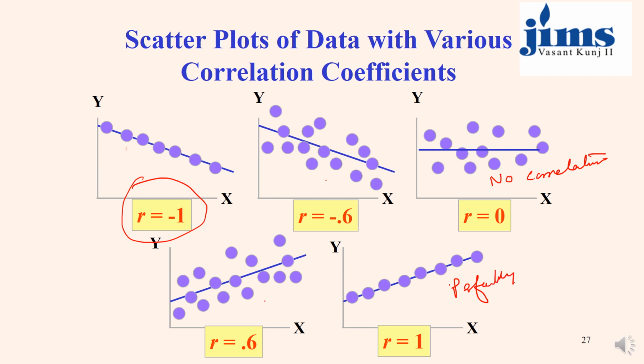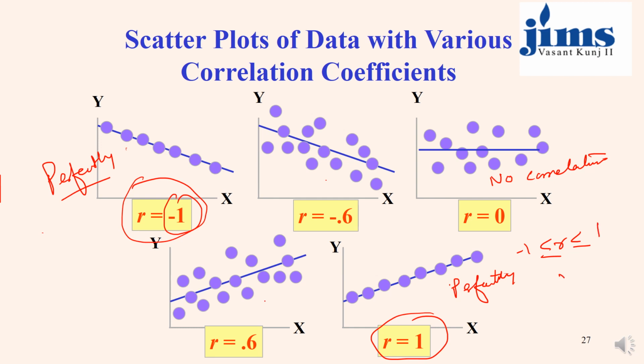Perfectly means r is equal to -1, or r is equal to 1. The value of correlation always lies between -1 and 1. If r is equal to 0, no correlation.